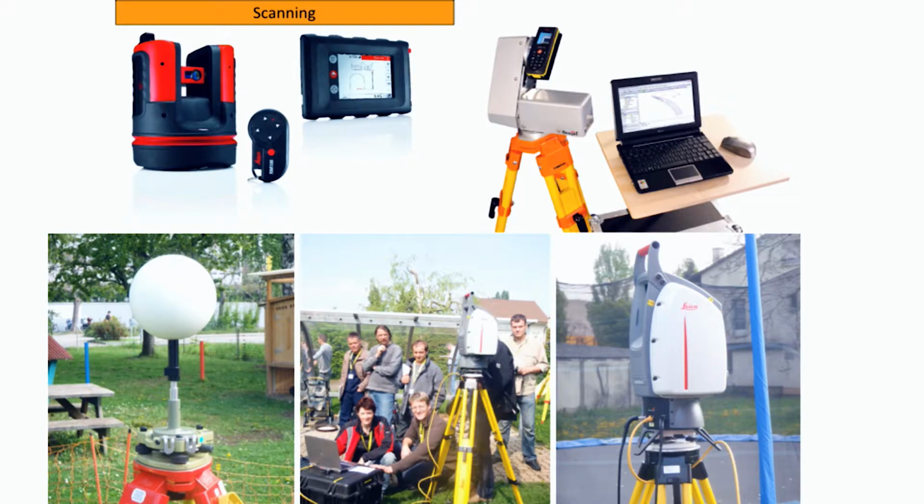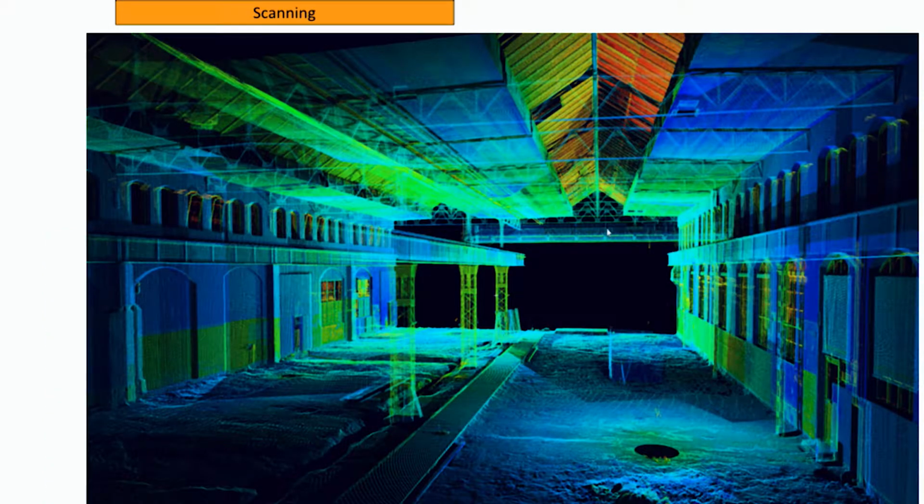It's too complicated, and it's too expensive also, the whole equipment. But the result is impressive. But if you look, for example, at this steel beam here, you have 1 million points which are not necessary. So you should look for another method.